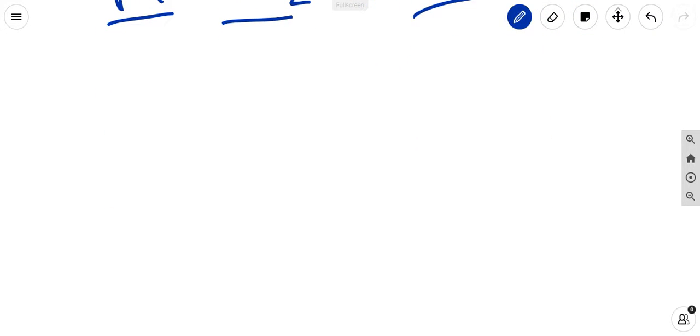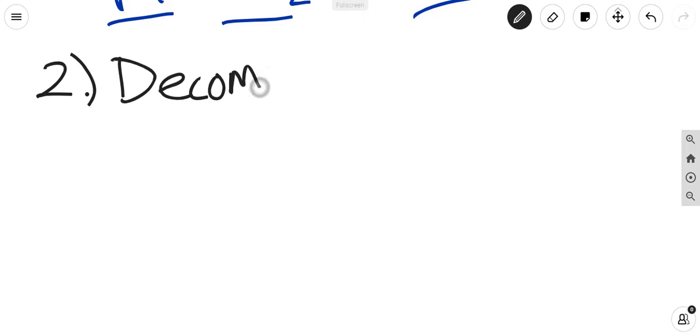All right, the next style of reaction is the opposite of synthesis. We're not putting something together. Now we're going to break it down. So the opposite of synthesis, breaking something down, is decomposition.